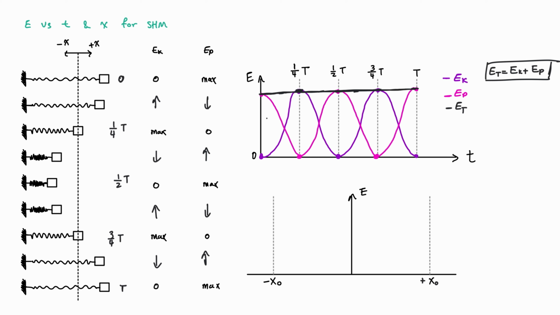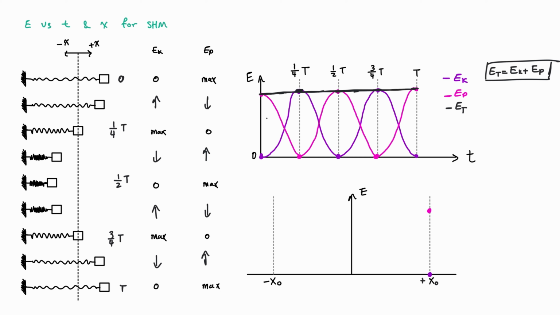In terms of position, whenever the object is at its maximum position, it's got no kinetic energy at all, and this is always the fact because it's not moving, and it's got maximum deformation on the stretch, so it's got maximum potential energy. So we got no kinetic energy, but we got lots of potential energy.